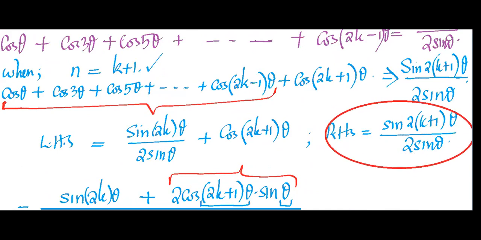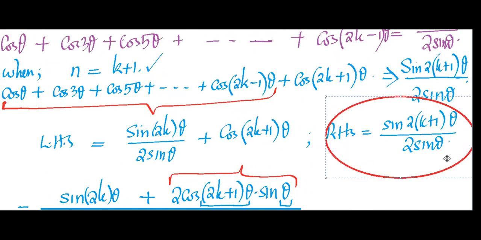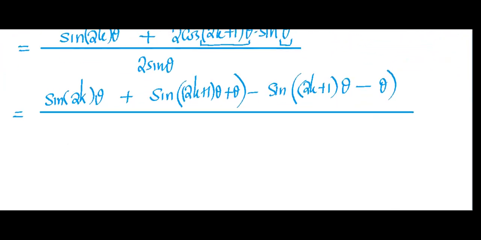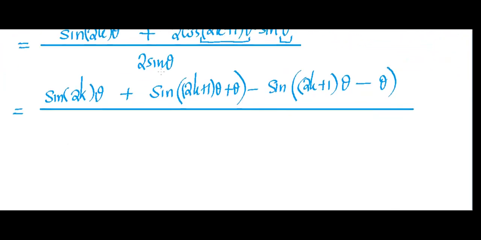Someone may ask me, how did I know that I had to go to the factor formula and reverse? The right-hand side I'm looking for has sine over 2 sine. So having seen a cos here, the factor formula reverse process would help me clear it into 2 sines only. So this is over 2 sine theta.